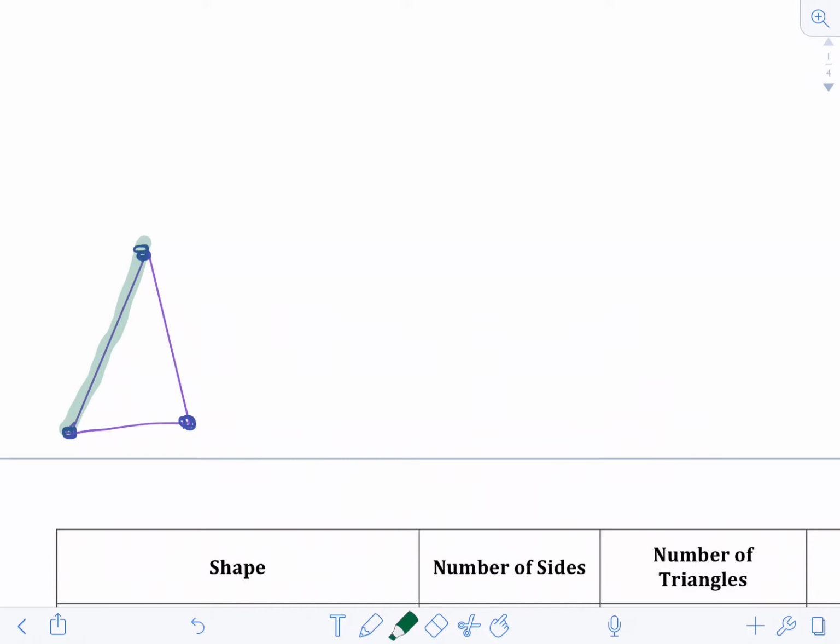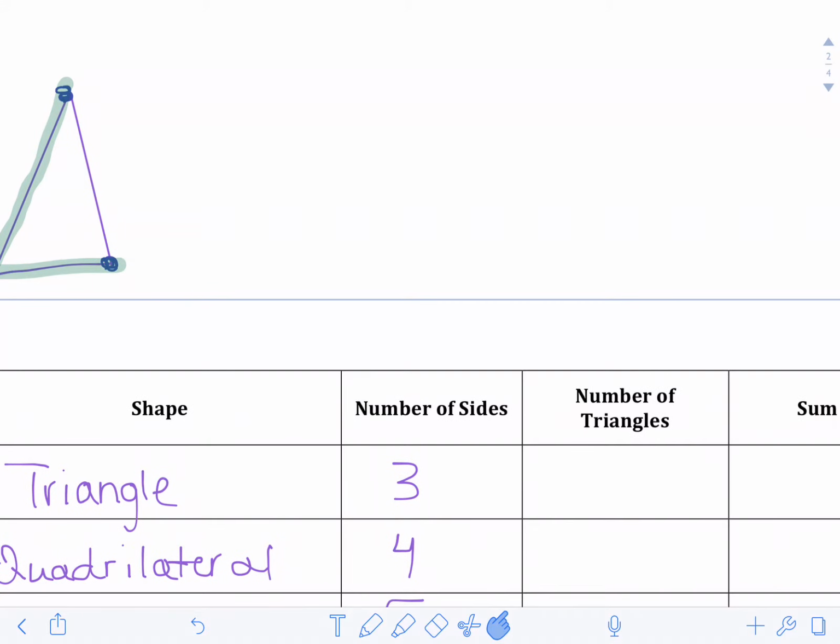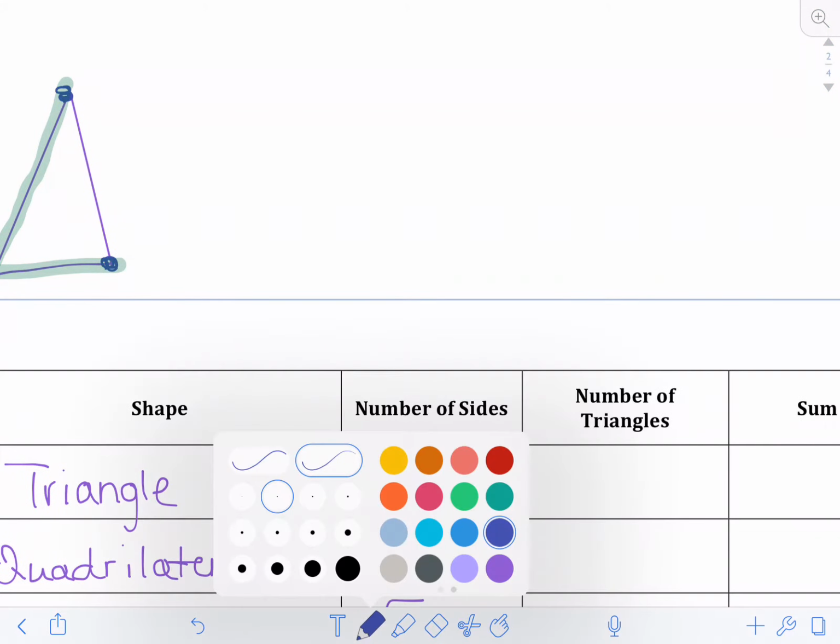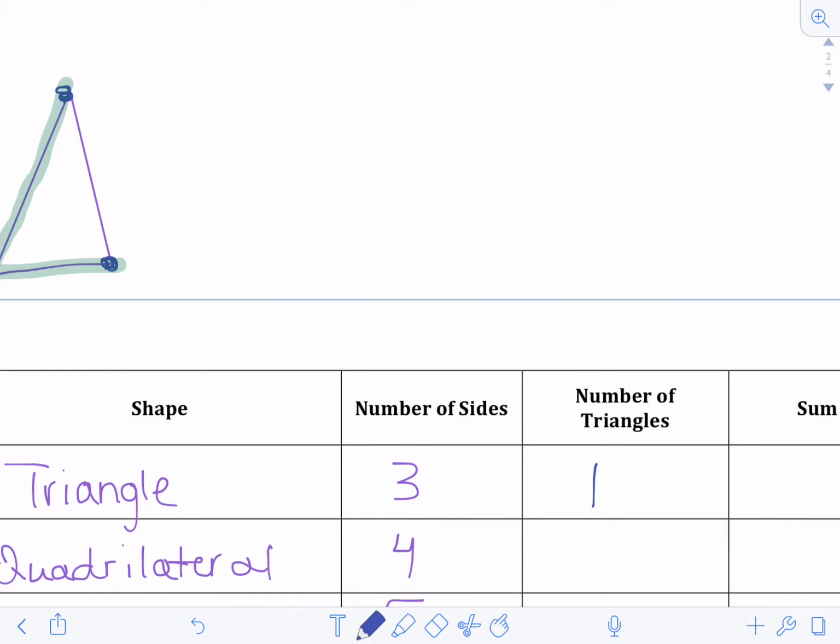I connected all my dots from that one vertex, and none of those lines went through the triangle. So the number of triangles I have in this picture is just 1. It'll make more sense when I go through these in a second.